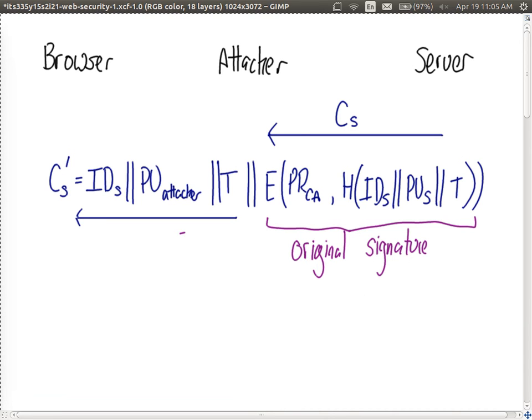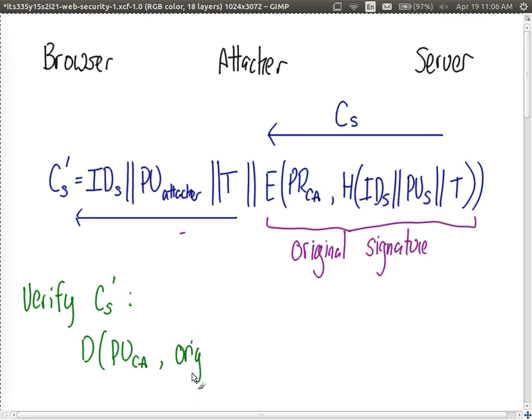So we go through the verification steps. We want to verify the received certificate. Decrypt using the public key of the CA. And I'll not write it all down, but I'll simply write the original signature.